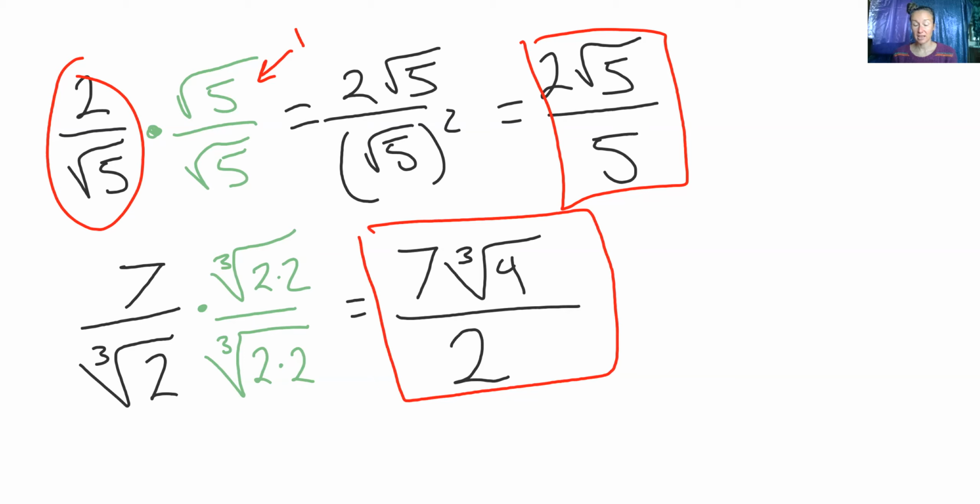We multiply by a very specific version of 1, but it rewrites our fraction to an equivalent fraction that does not have a radical in the denominator. All right, guys. So that is rationalizing the denominator. Let's do a couple more examples that I have for you.